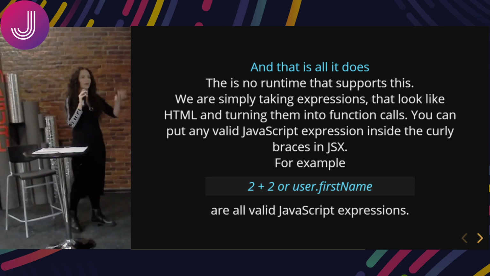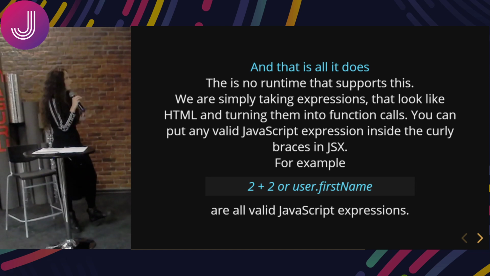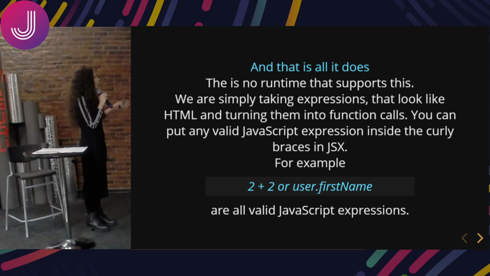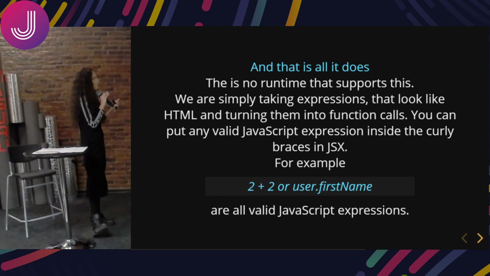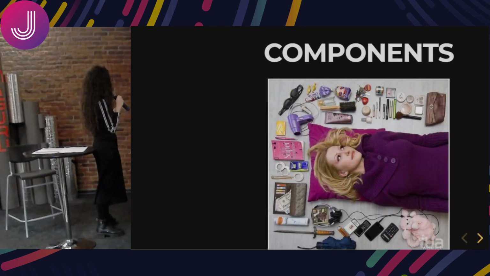You just take a JavaScript HTML-like extension and turn it into function calls, and you can put any valid JavaScript expression inside the curly braces of JSX, for example, 2 plus 2, or user first name, user last name. It's all valid JavaScript expressions.